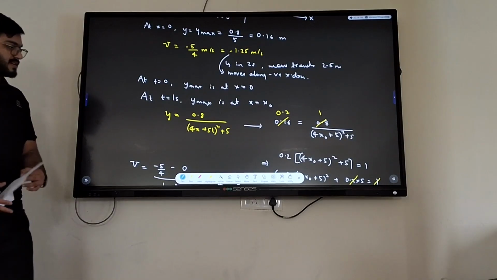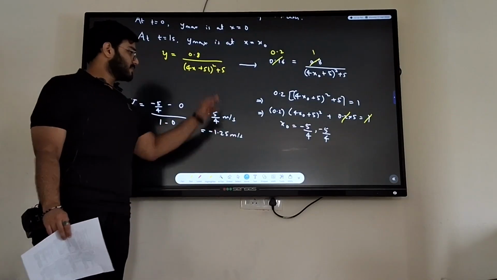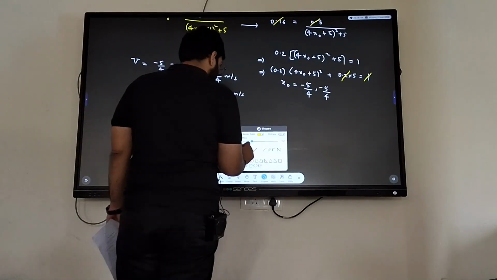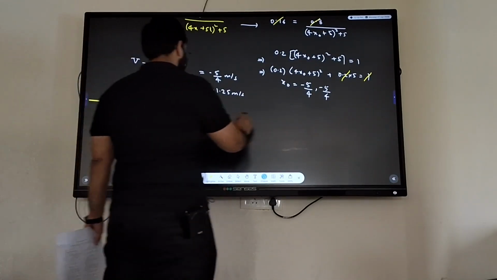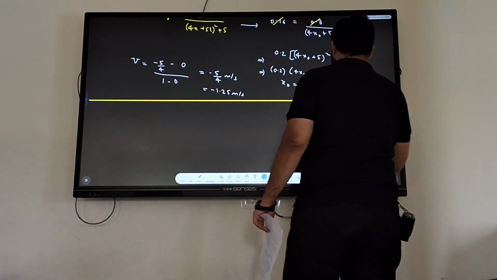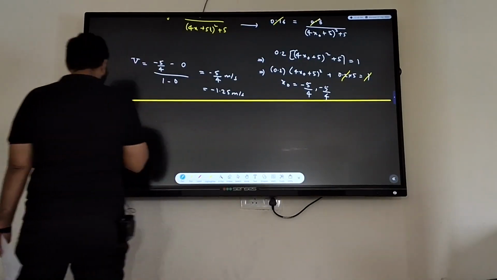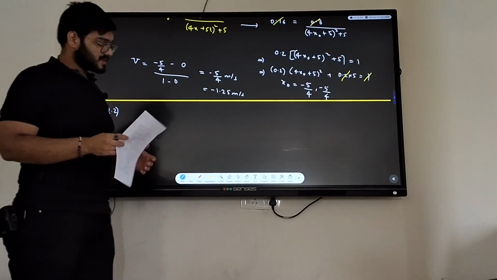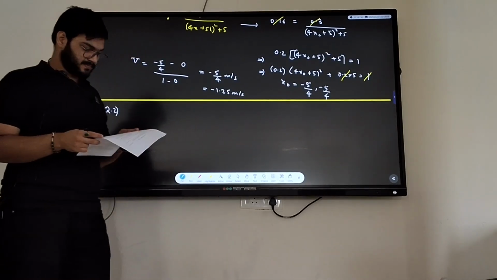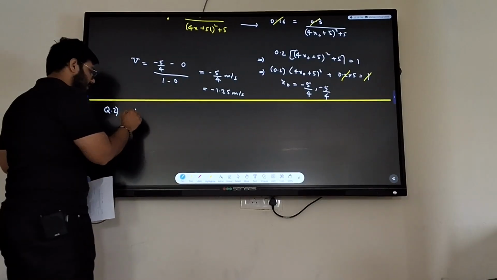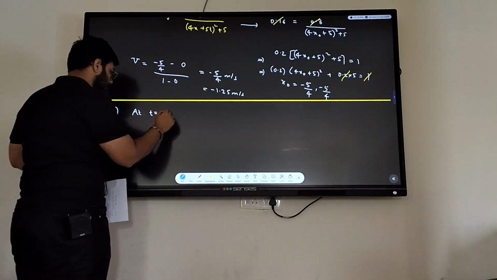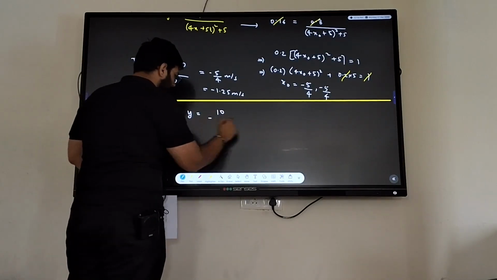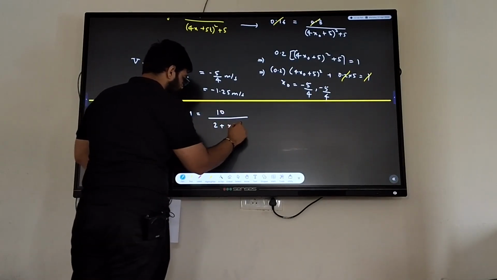Can I start with the second question? It's already 12:18. I'm starting. It's given that at t equal to 0, the y value is 10 over 2 plus (x minus 2) whole squared.